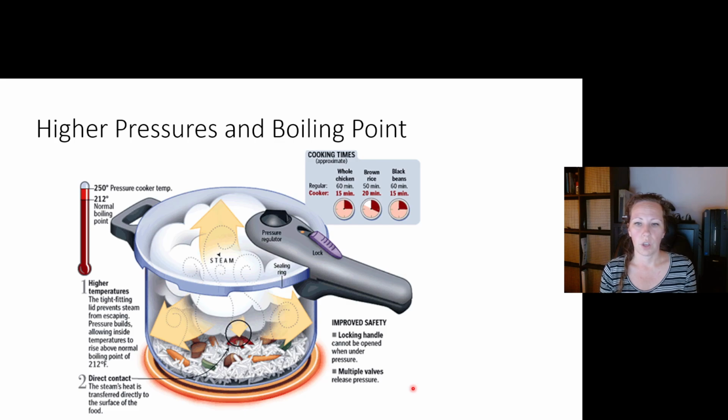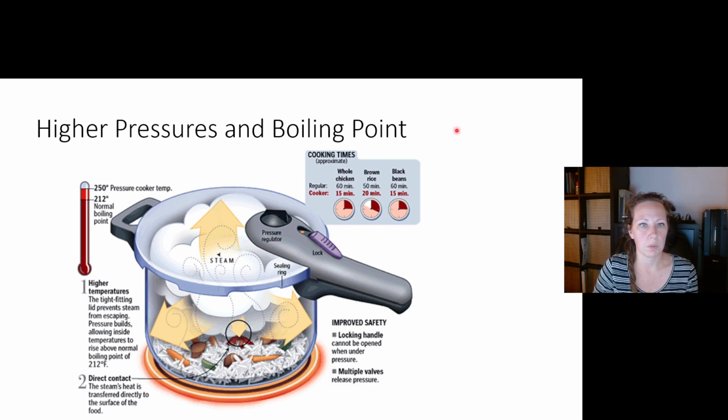The pressure in an instant pot, for example, can increase to about 2 atmospheres, which increases the boiling temperature to about 121 degrees Celsius. So by about 21 Celsius degrees, we can increase the boiling temperature, and that dramatically decreases cooking time.